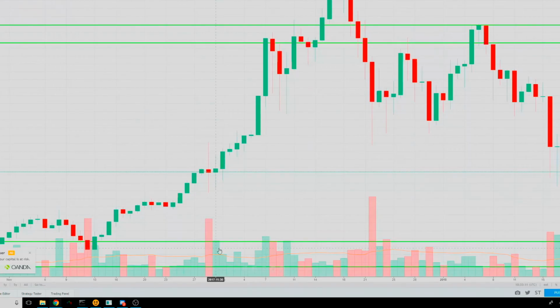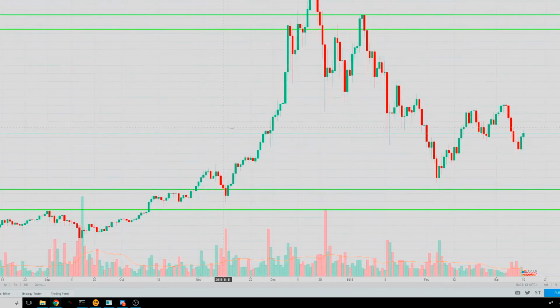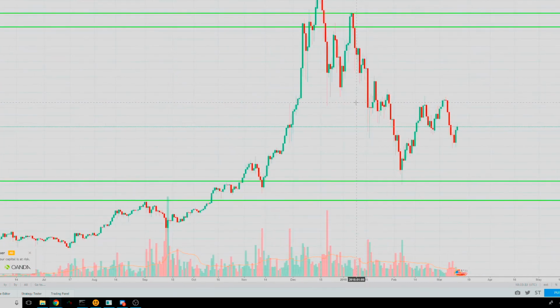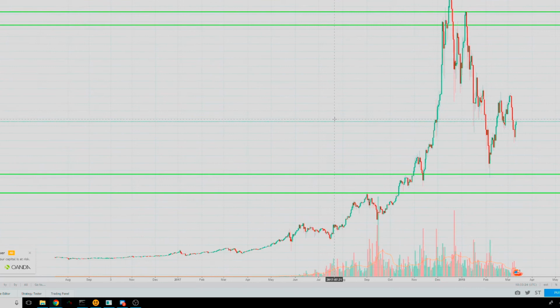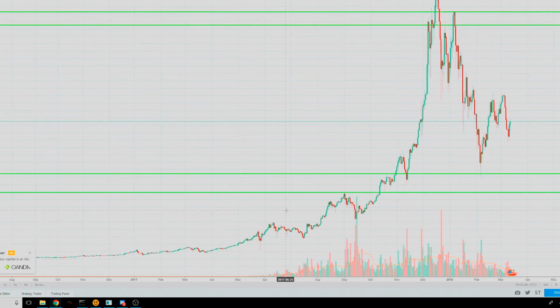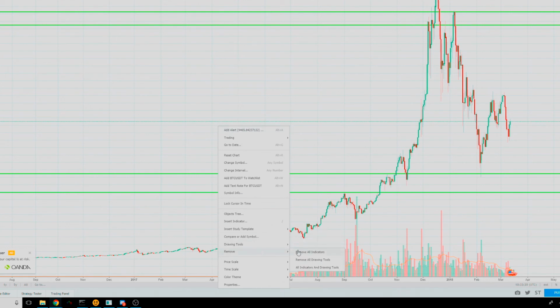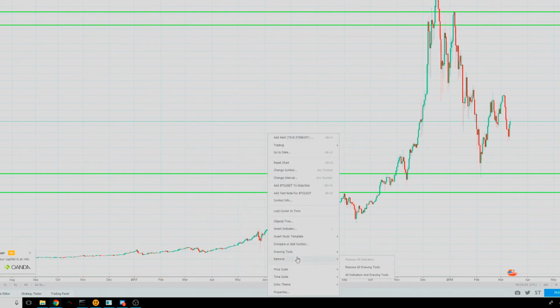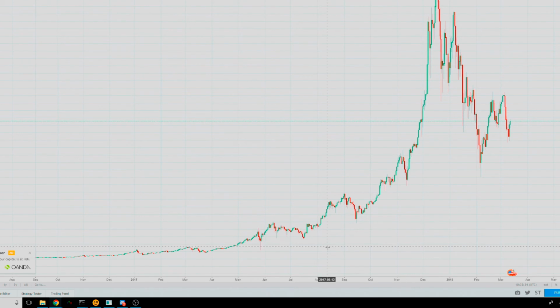So now what it will be doing is, as this price moves up and down, it would buy here, sell here, buy here, sell here, and try and keep you in your position in the market. Now if we did say 0, let me just get rid of these lines. Oh, remove all drawing tools.